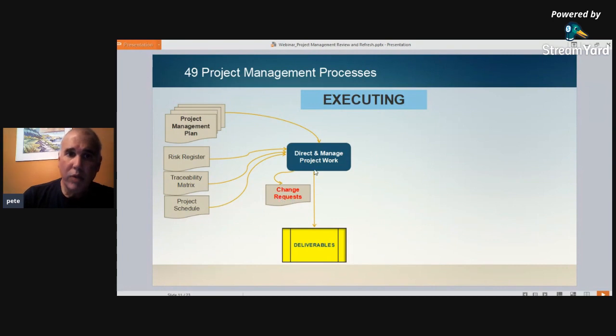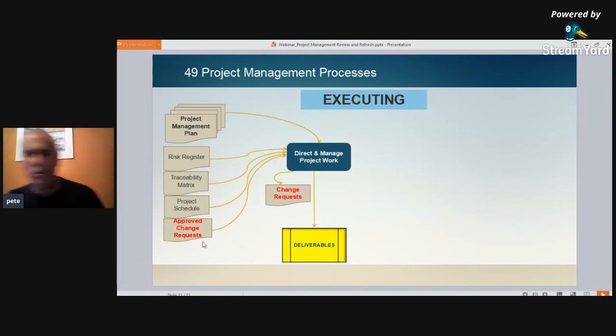Or change requests in response to the work being done that can be done either better or more in line with the overall objectives. Approved change requests are going to be used as input along with your plan, right? They actually become like an addendum to your project management plan and your project documents, these approved change requests. But notice we don't have a mechanism yet where change requests morph into an actual approved change request. We'll get to that in monitoring and control.